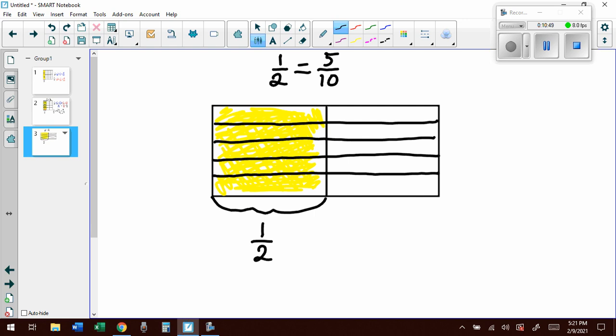Now my amount of partitioned pieces changed. But did my shaded area ever change? No, it did not. I never touched my shaded area.